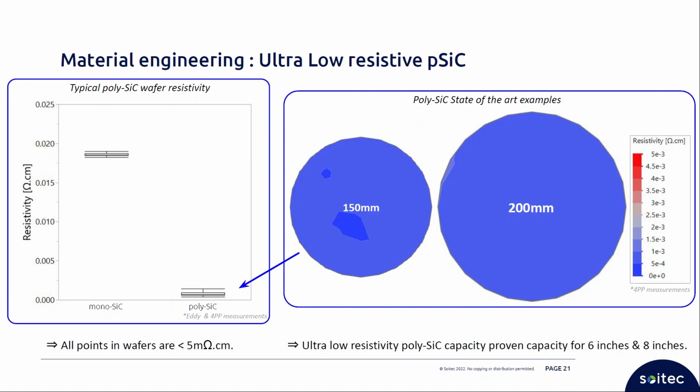As I mentioned, the specification is less than 5 million components. Typical performance is in the range of 10 centimeters, so we divide by 10. There's some typical instability of the type versus the model. And we can apply the same process and obtain the same performance, whether 6-inch or 8-inch.